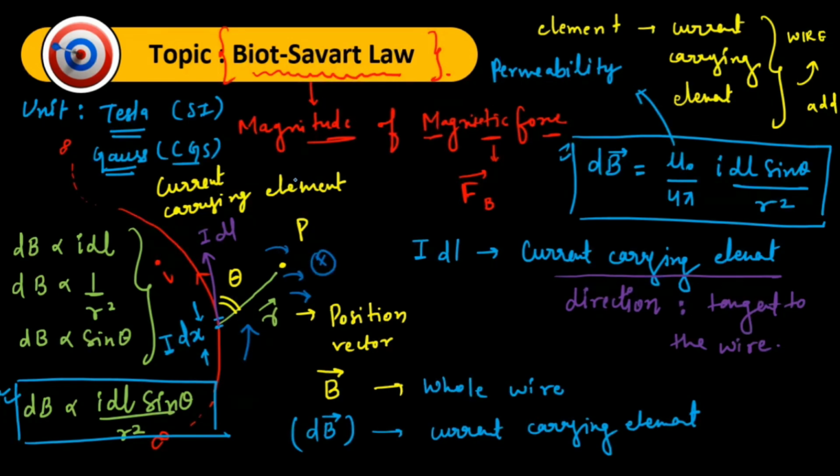So the cross will give us the direction of magnetic field. Remember this. This is very important, and we are going to use this again and again. So this was the point at which we found all these fields.